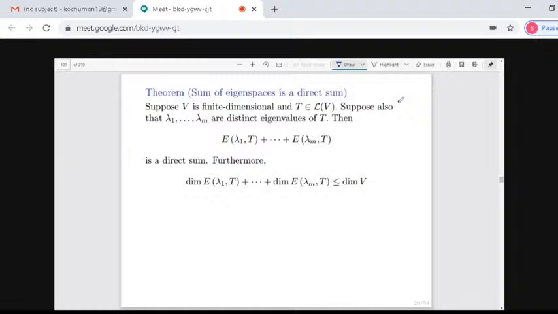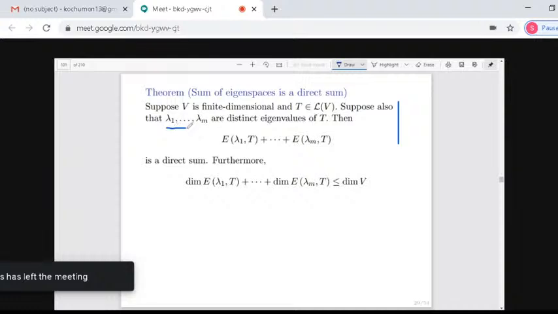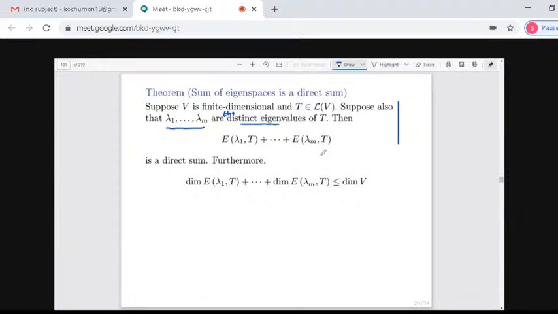proposition or theorem. Suppose V is a finite dimensional vector space, and suppose that lambda 1 up to lambda m are distinct eigenvalues of T. I am considering all the distinct eigenvalues of T. These eigenspaces are all subspaces, so I can take the sum of them.